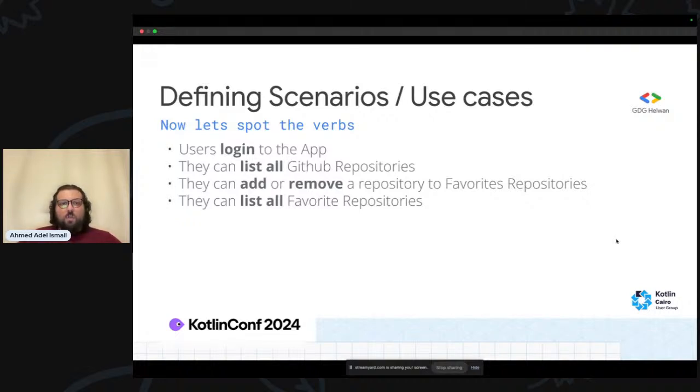Also, we need to list all the GitHub repositories, so we need a scenario in our application to list all of these GitHub repositories. And we have add or remove repositories from favorites. So these are 2 other scenarios or use cases that we have: adding a repository to favorites and removing a repository from favorites, and listing all the favorite repositories. And this is another scenario since we have different things to show here.